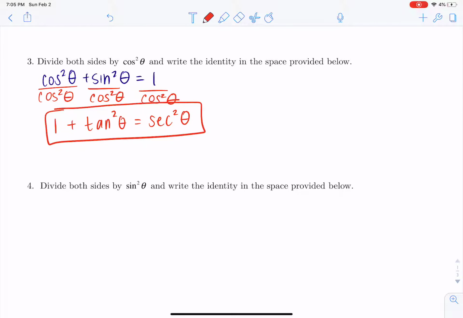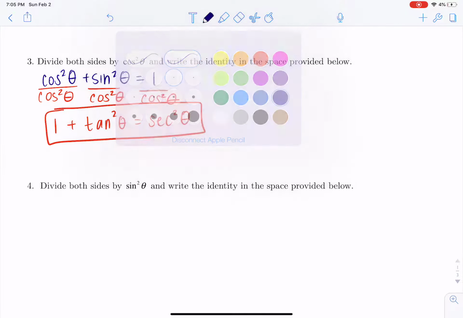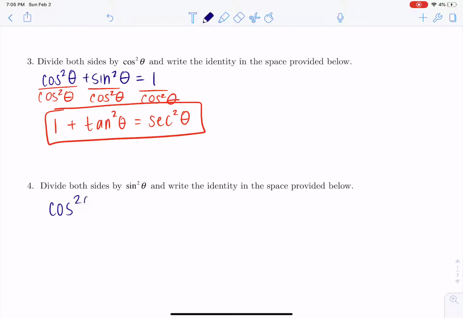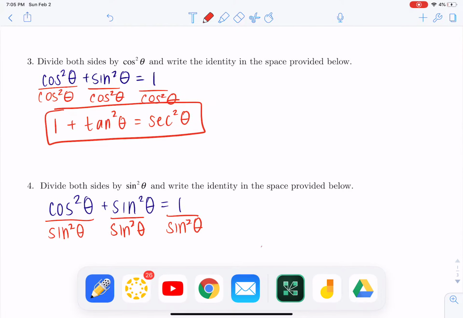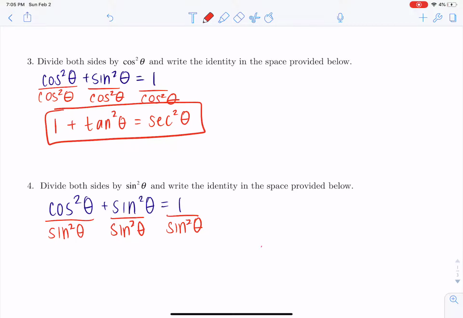And here, divide both sides by sine squared theta. So going back, I have cosine squared theta plus sine squared theta is equal to 1. And I can divide everything by sine squared theta. So here I end up getting cosine over sine, which is going to give me cotangent.